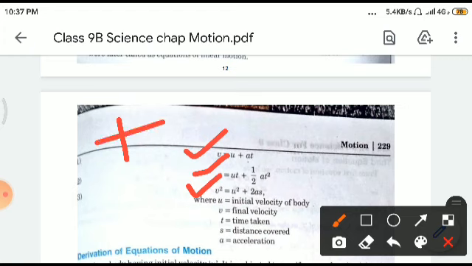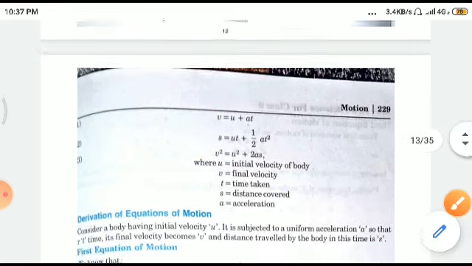What does it mean? It means that the body is moving at an accelerated rate. If the sign would have been minus, that means there is retardation and not acceleration. So these three are the equations of motion, and they are used to calculate various things. And you will be using them in your numericals.